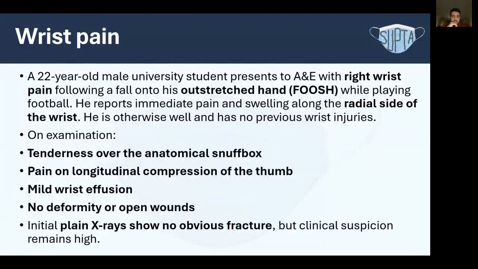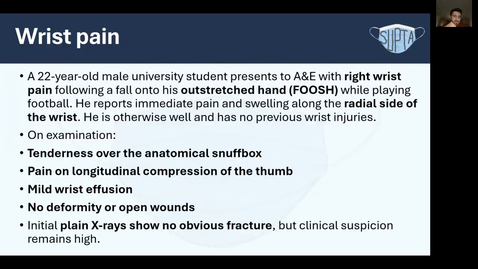Now we have another case of wrist pain. A 22-year-old male university student presents to A&E with right wrist pain following a fall on an outstretched hand while playing football. He reports immediate pain and swelling along the radial side of the wrist. He is otherwise well and has no previous wrist injury.